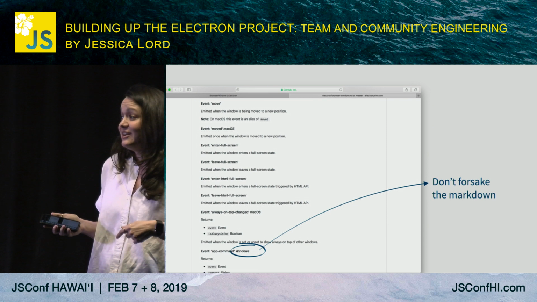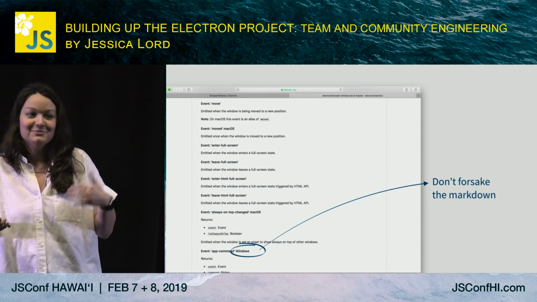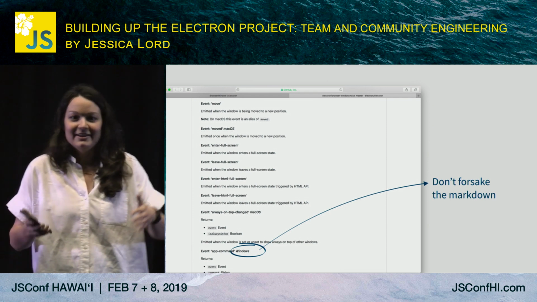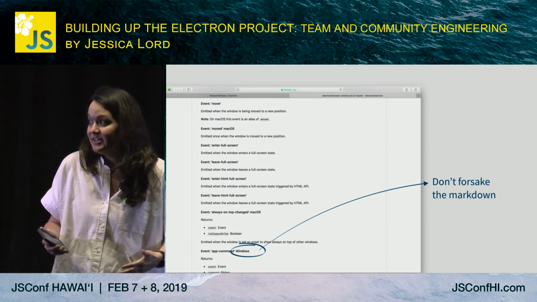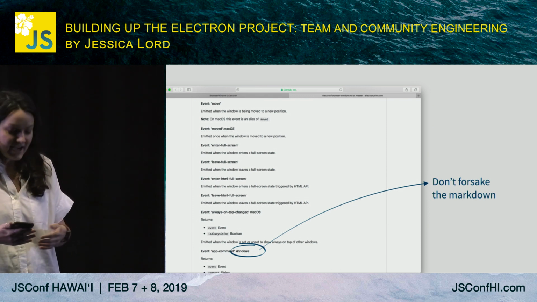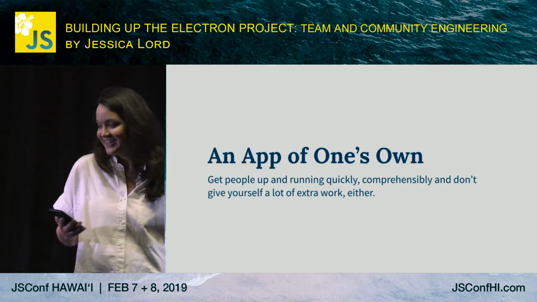But it's also important when you're thinking about that to not forsake the original Markdown. Don't do something so wild that it then becomes unreadable in Markdown. I wanted it to still be readable in Markdown, but also something I could target and improve with styles on the website. So that was the first thing.